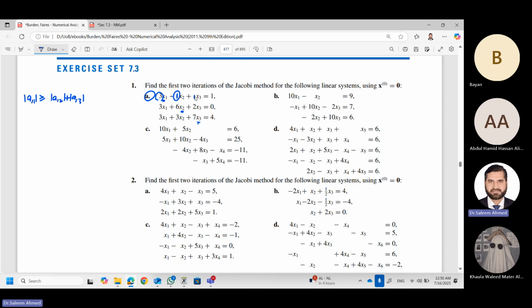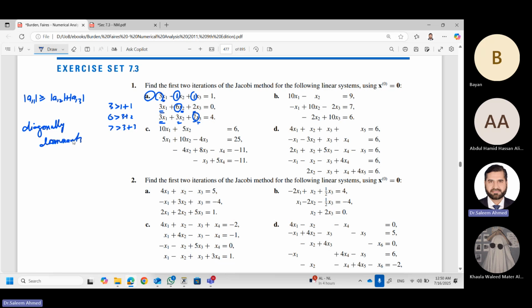So if you pick 1 from here, 1 from here, 1 plus 1 is 2 and 3 is greater than 1 plus 1, you see. And here 6 is greater than 3 plus 2. Here 7 is greater than 3 plus 3. So these are called diagonally dominant. Your systems will be diagonally dominant.